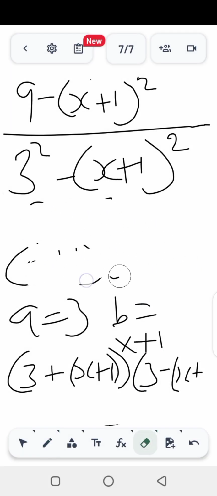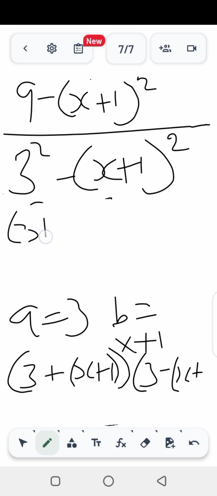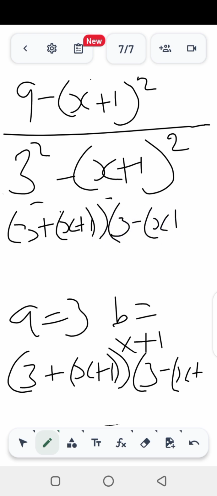So let me clean here and write it here, x plus 1. So we have (3 plus (x plus 1)) multiplying (3 minus (x plus 1)).